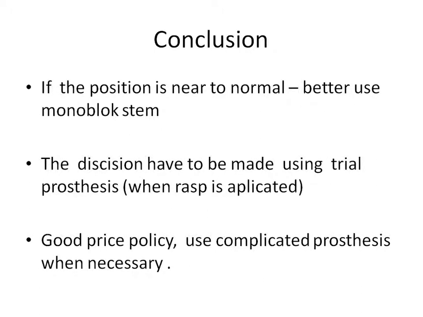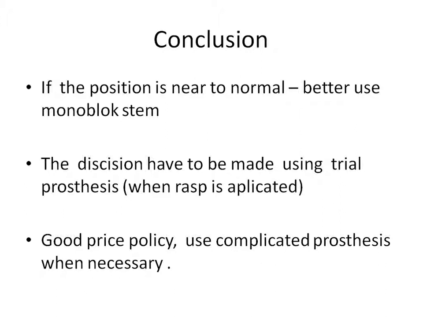If the position is near to normal, it's better to use monoblock stem because you avoid potential risk of complication, of course, and you save money in your pocket. The decision has to be made using trial prosthesis or trial neck or trial head, as Karl-Heinz Widmer has showed here.